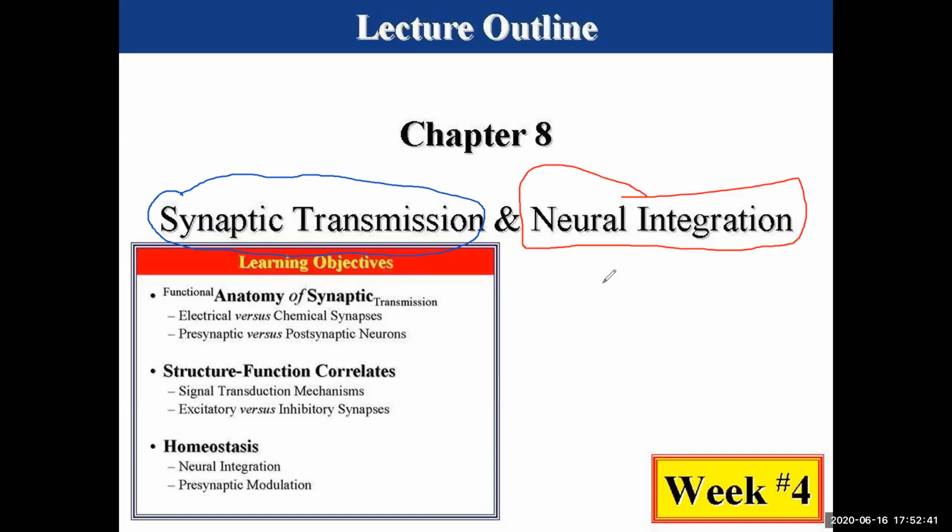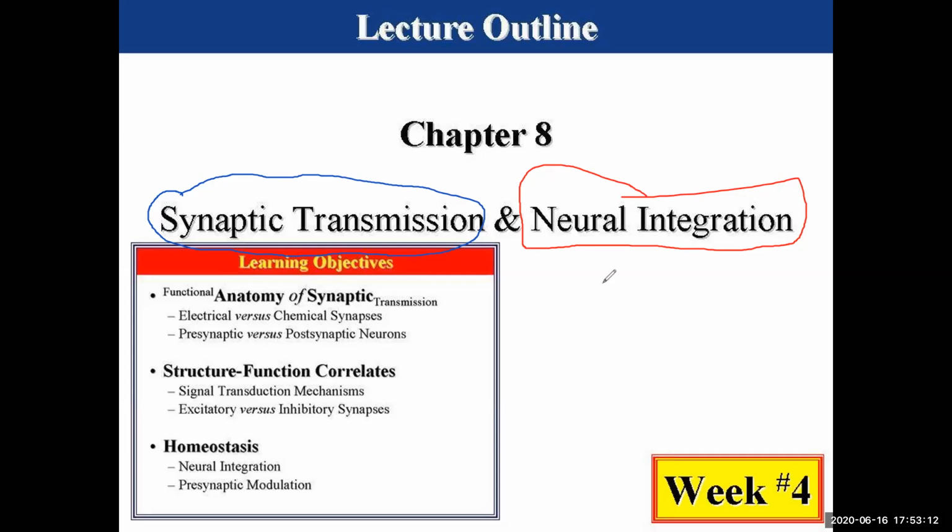And more amazing, the nervous system is the only organ system where a single cell is capable of performing all the functions of that organ system. In other words, a single neuron can do all three fundamental functions of the nervous system. So a neuron can receive information.